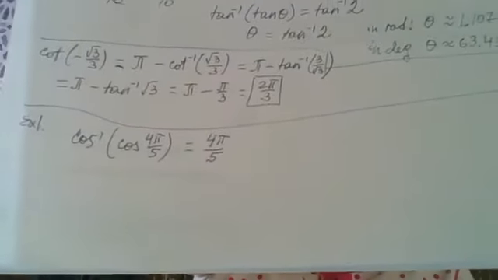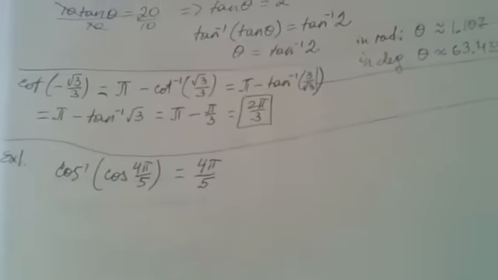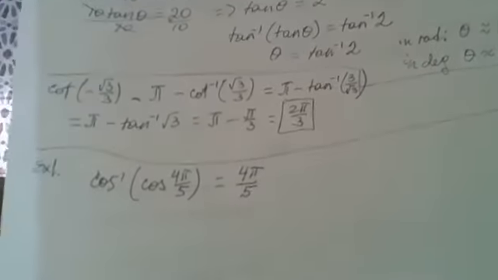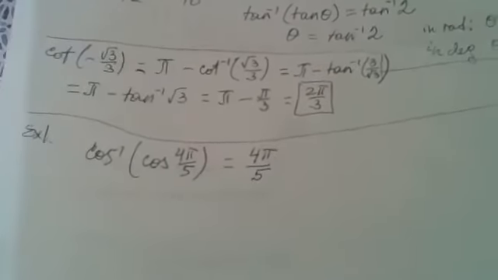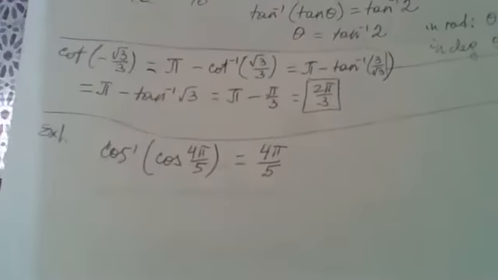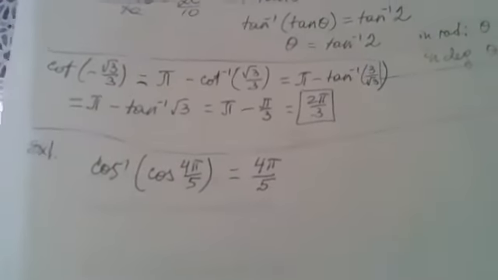You don't need to do anything anymore. You can write immediately your answer. Your answer is 4 pi over 5 because these two functions neutralize each other in this composition and they release that value 4 pi over 5. You can do that only if you answered yes for both questions.